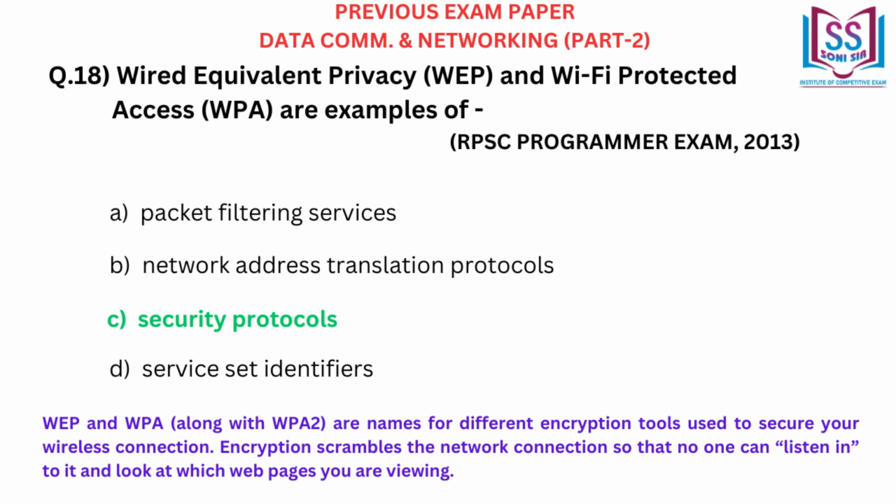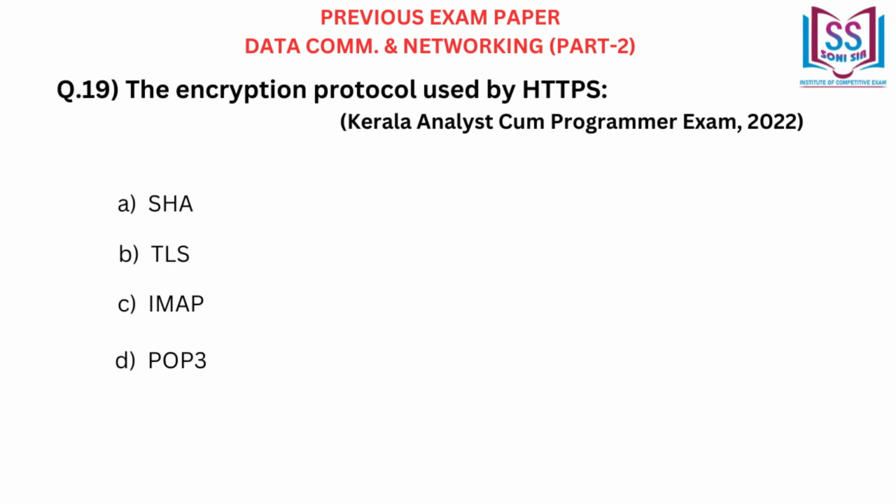WEP and WPA, along with WPA2, are names for different encryption tools used to secure your wireless connection. Encryption scrambles the network connection so that no one can listen in and look at which web pages you are viewing.